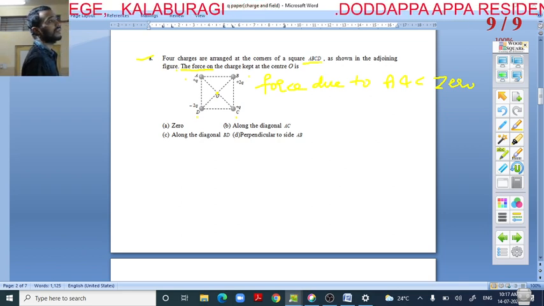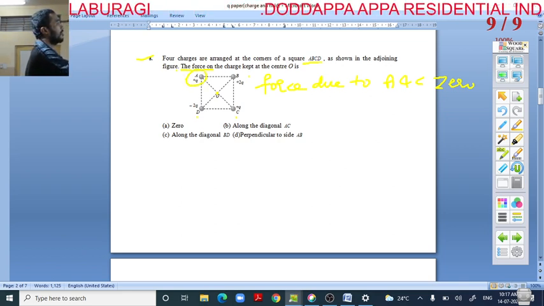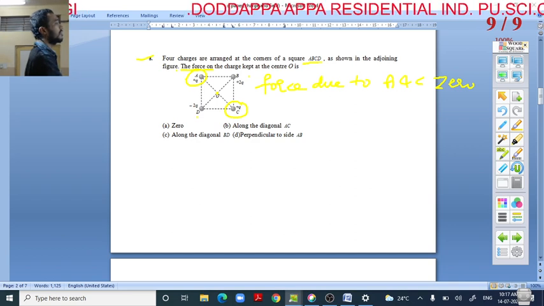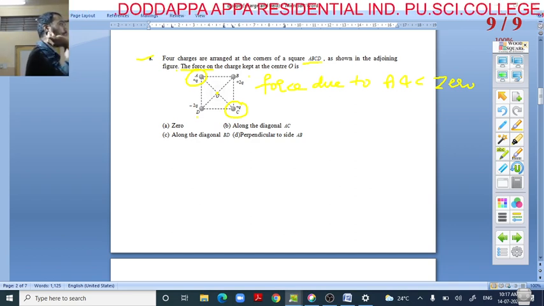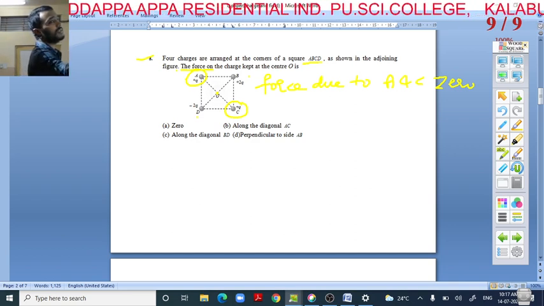The resultant of A and C at point O becomes zero.